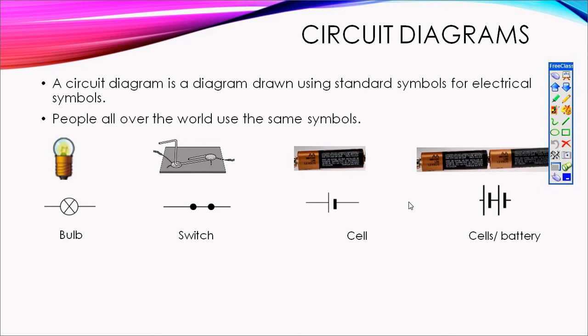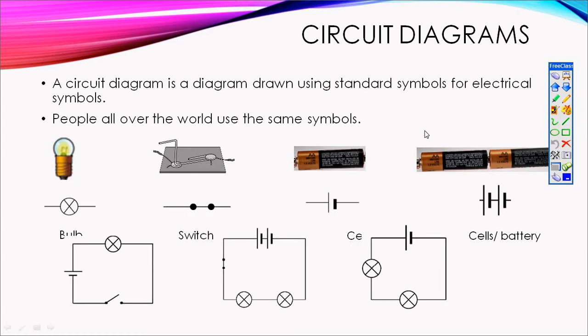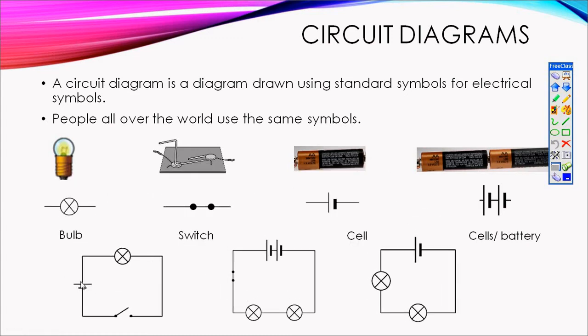So let us have a look here at the bottom. We will see when we draw a circuit, we will add the source of energy. We will draw the light bulb, and this is the connecting material, the wires that connect. Just to indicate to you clearly, this is an open switch, and that is a closed switch.